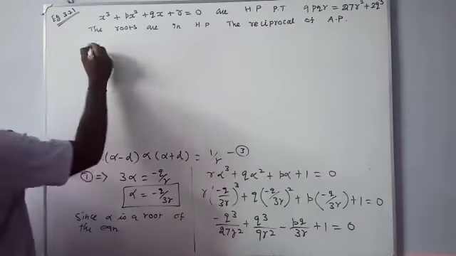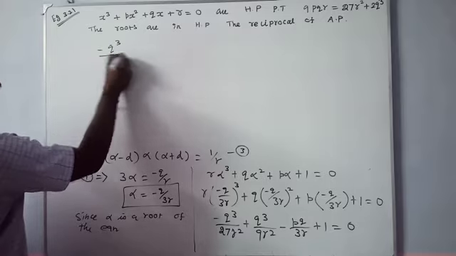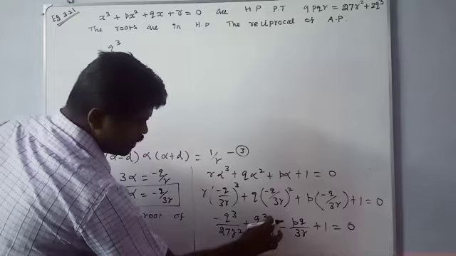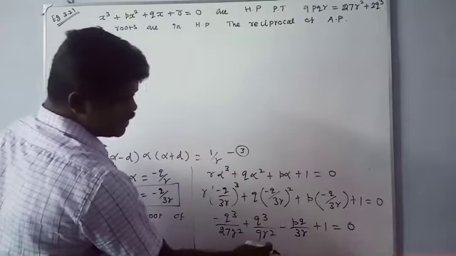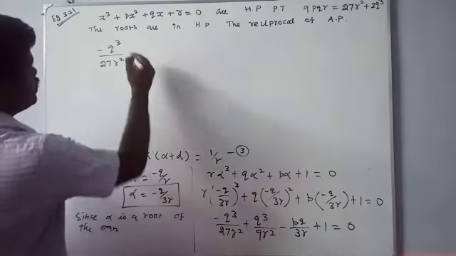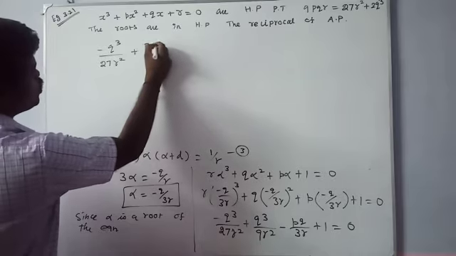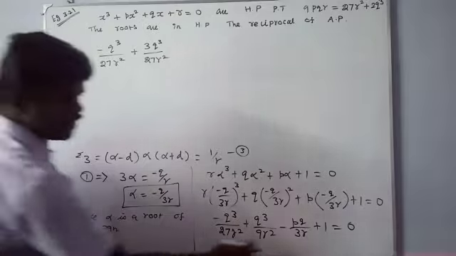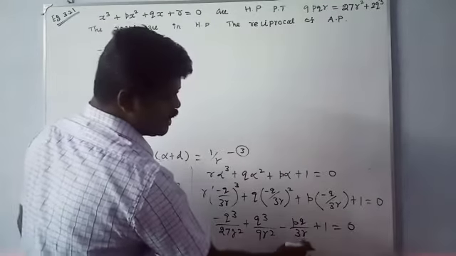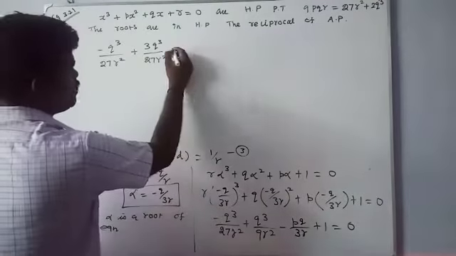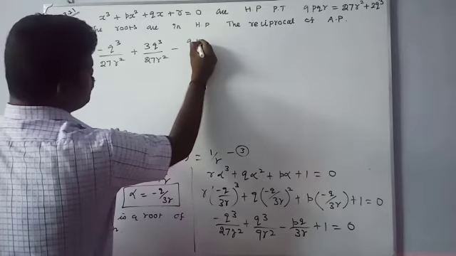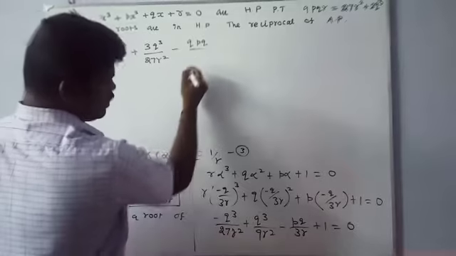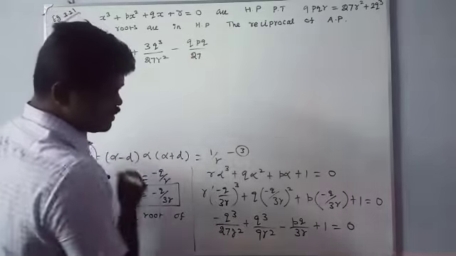Now minus q cube by 27 r square, and multiply numerator and denominator by 3, plus 3q cube divided by 27 r square, and here multiply 9 both numerator and denominator, minus 9pq divided by 27, right?